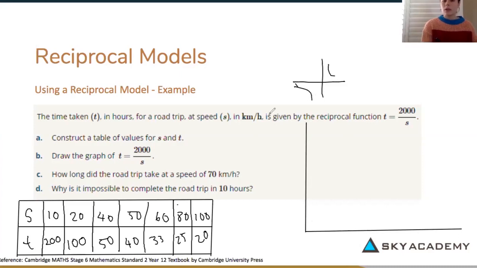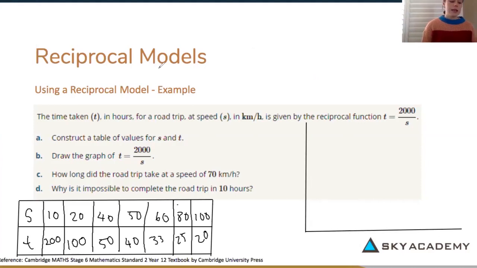You can't have negative speed when you're driving. You have to be going at some sort of speed. Even if you're reversing, you're still going at 20 kilometers an hour or something. And so you can only have positive values in models. And so that's why we're only going to use the top quadrant.